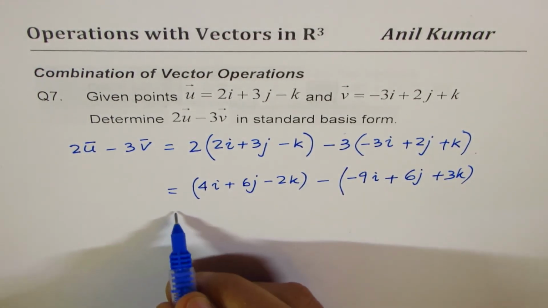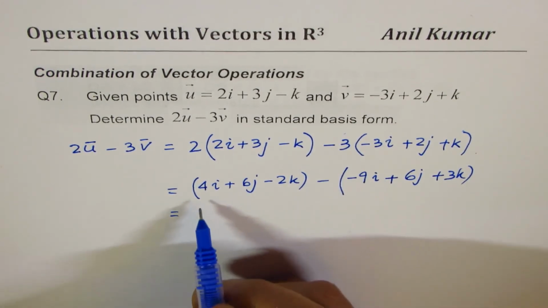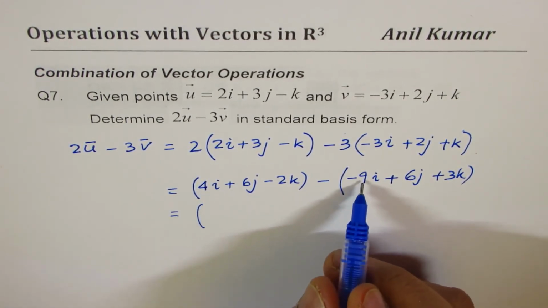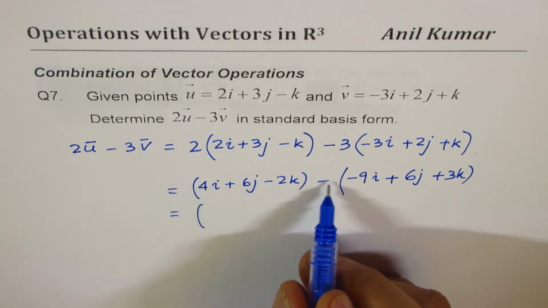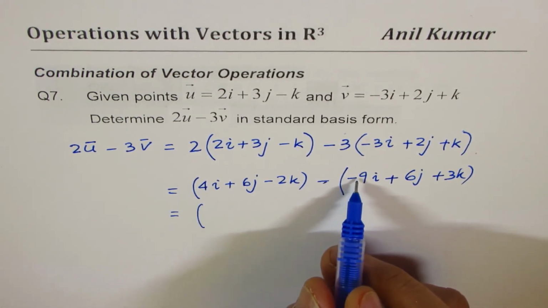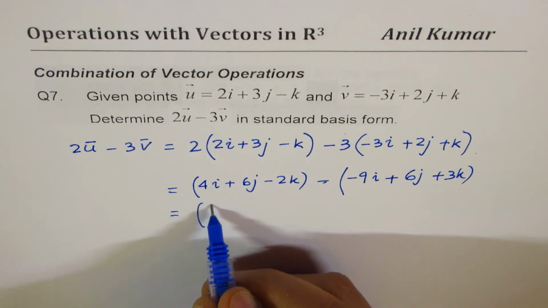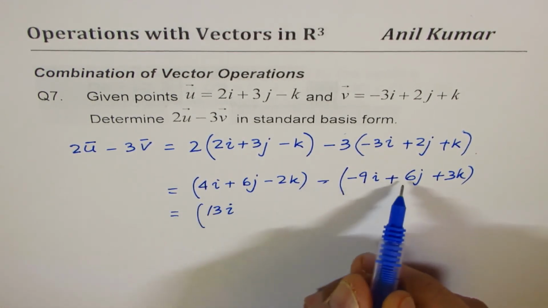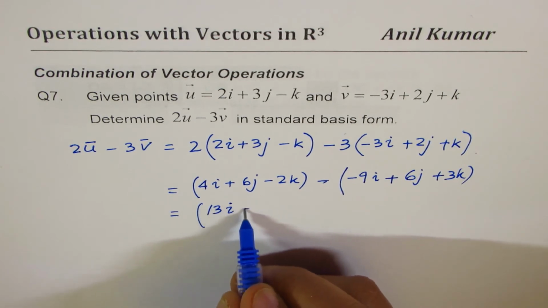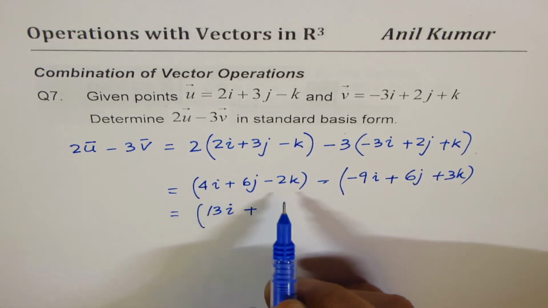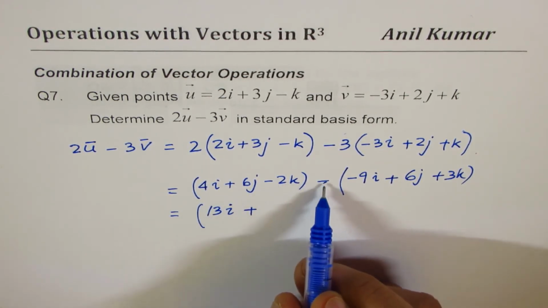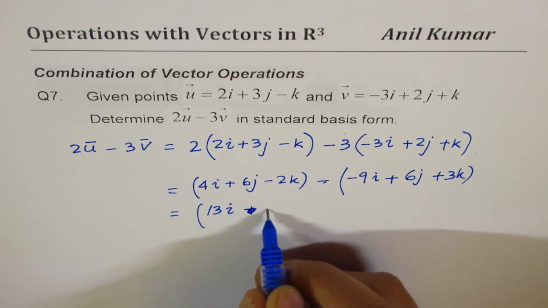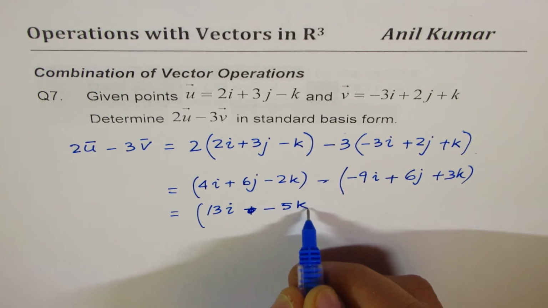Anyway, so now we can just combine these terms. So 4i, as far as i is concerned, 4 minus and minus becomes plus. Do you see that? So it becomes 13i. 6 minus 6 is 0. So it's just 0, so I'm not writing anything. Minus 2 and minus 3 means minus 5. So it is minus 5k.